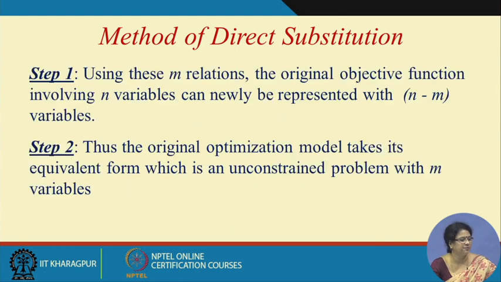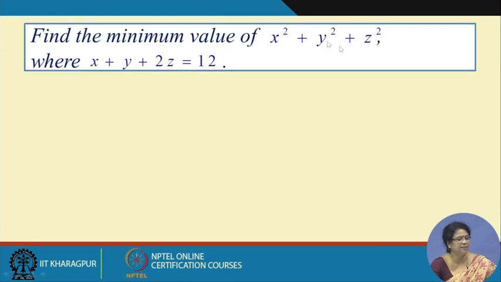In the method of direct substitution, verbally, M relations are there, N variables are there, you replace M relations with N minus M variables. What does it mean? I am taking one simple example here, having three variables, one objective function, one constraint.